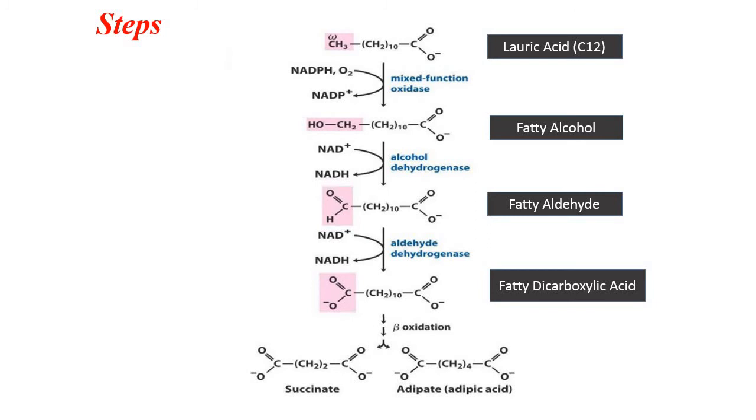In each pass through the beta oxidation pathway, the double-ended fatty acid yields a dicarboxylic acid such as succinic acid. The succinate we can obtain from the succinic acid, and this can enter the citric acid cycle, or we can get adipate from adipic acid through the beta oxidation.